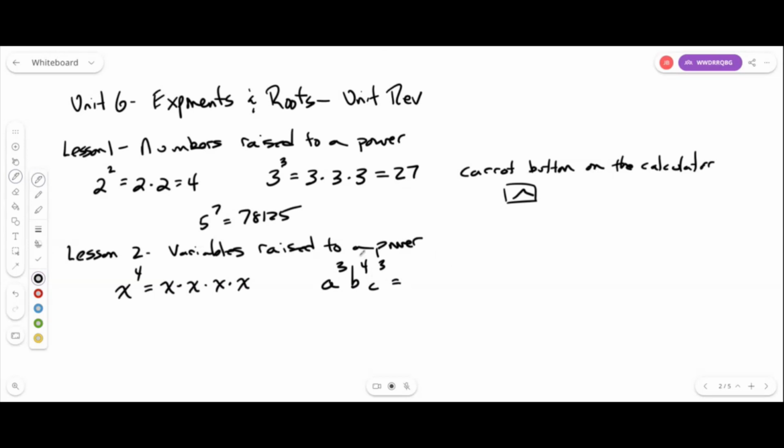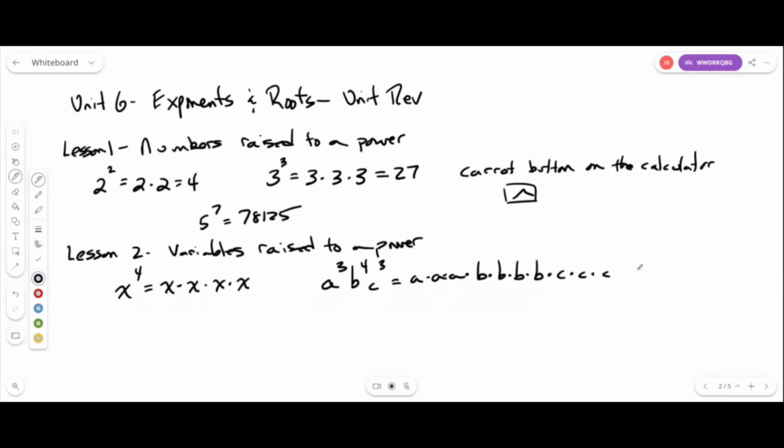If we had more than one variable, if we expanded this out, a was being multiplied by itself 3 times, then b was being multiplied by itself 4 times, and c was being multiplied by itself 3 times.